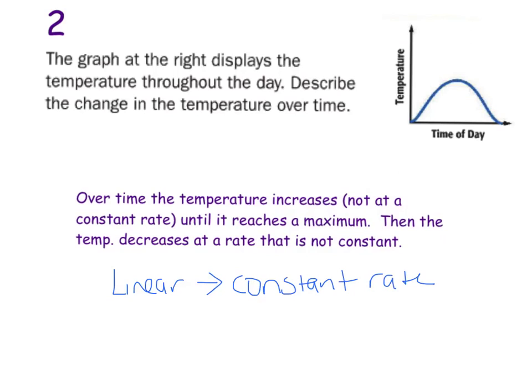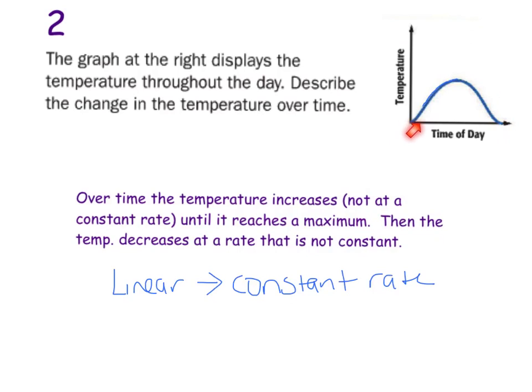So here this is clearly increasing. So it starts out and it's increasing not at a constant rate. So we could say over time the temperature increases not at a constant rate until it reaches a maximum, and then the temperature decreases at a rate that is not constant.